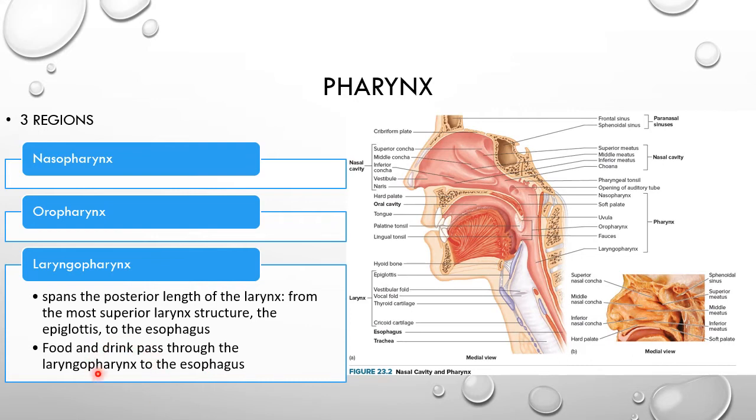Now, what is difference with the rest of naso and oro? Wala na ang air. No? It's only the food and drinks that goes through this region. Okay, laryngopharynx, only food and drinks. Yung air, it will separate now, no? Dadaan na siya sa ibang pipe.